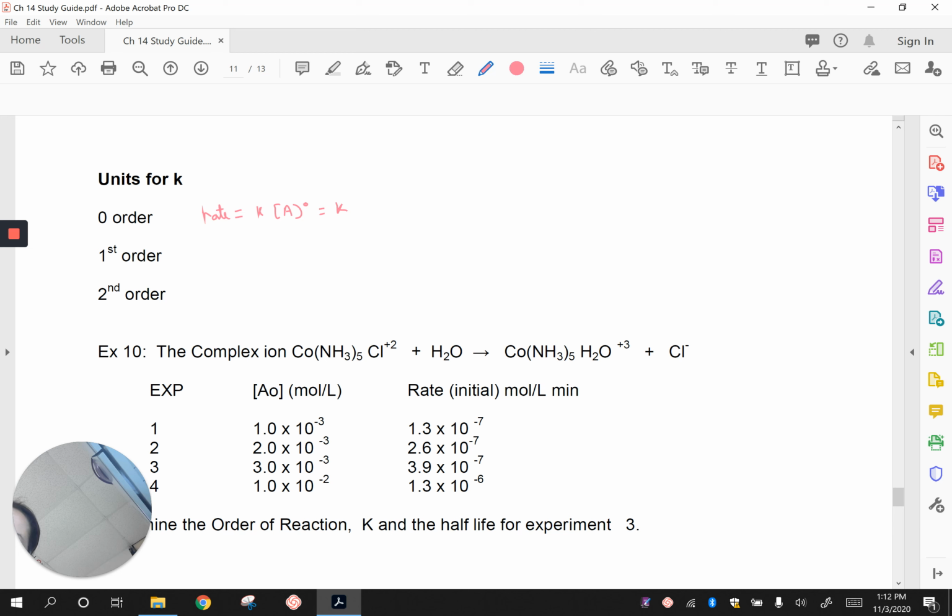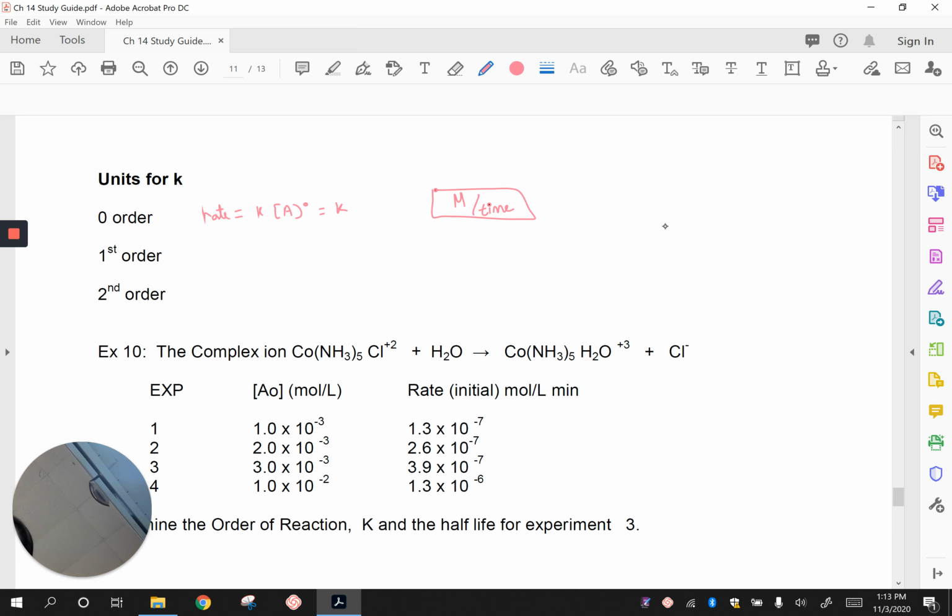So k is going to have the same units as the rate, because rate is equal to k, and rate is going to be molarity per time. So those are the units for zero order, molarity per time. So it could be molar per second, molar per minute, molar per hour, molar per day, any units of time.